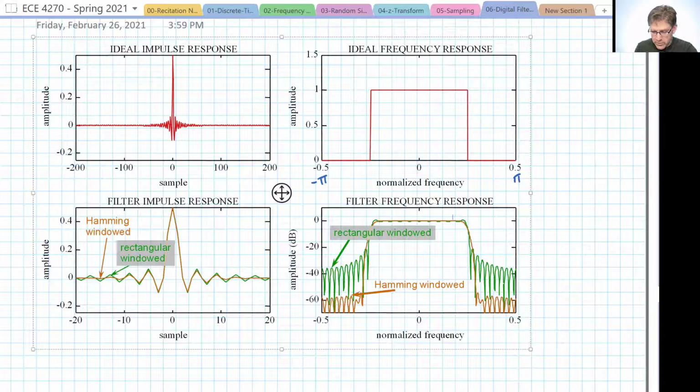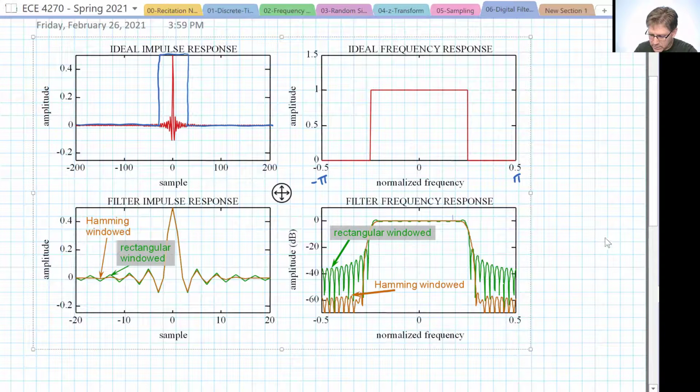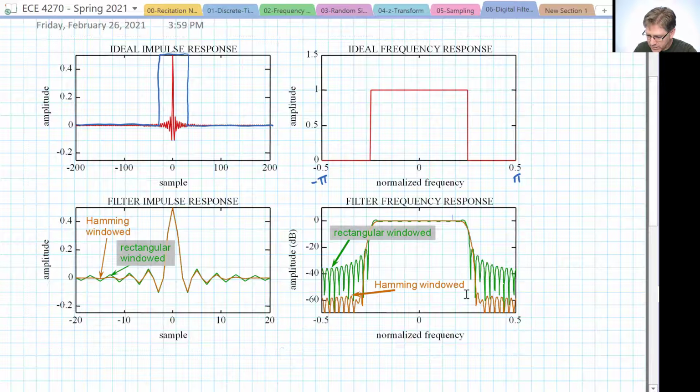So if we would like to create a more realizable version of this, assume then we can only have 41 samples, plus or minus 20, and we'll cut it off after that point. So if we use a rectangular window, we would essentially take that where most of the filter energy is, and we'd multiply the rest by 0, and then we could look at the frequency response of that particular system.